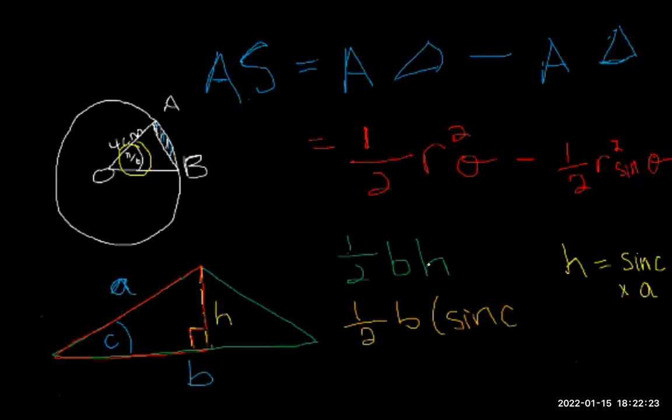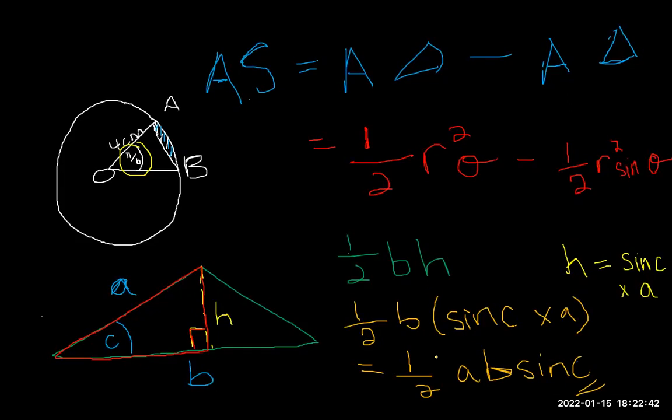If I now rearrange this, I will get a half ab sine C. And that is how they came up with this equation to find the area of a triangle that is not a right angle. Everybody good with that?